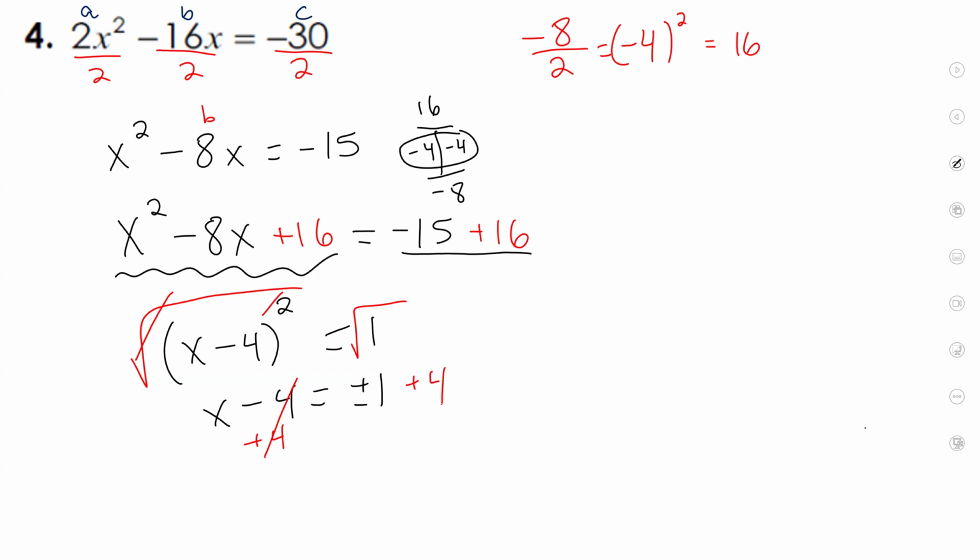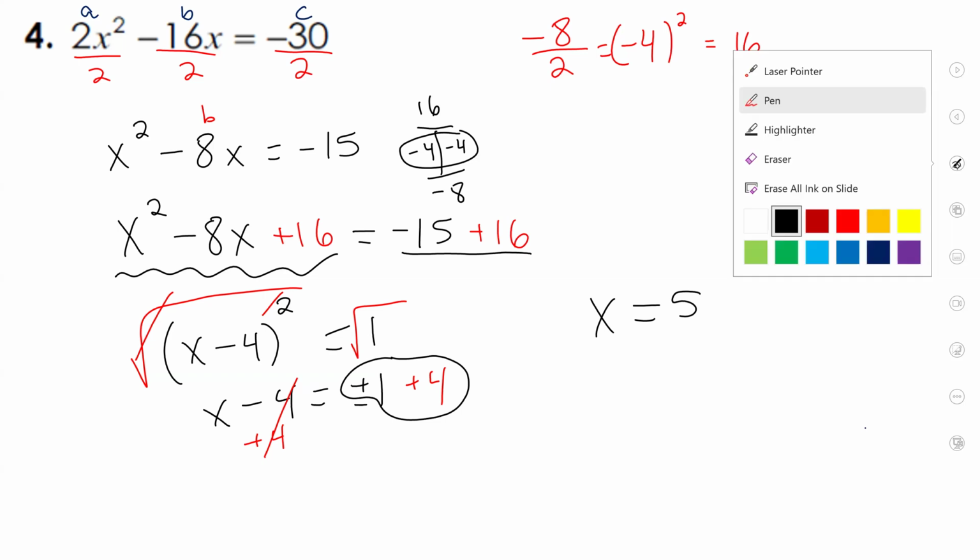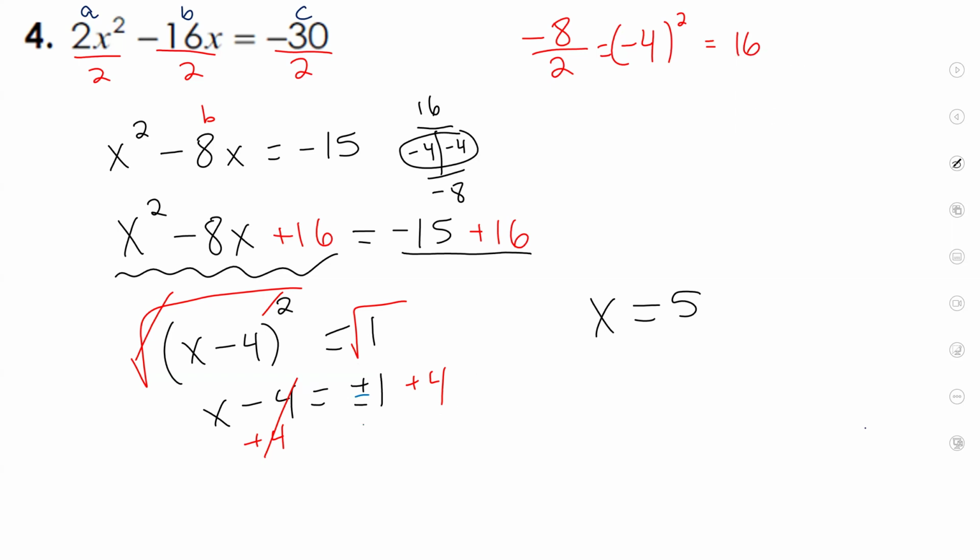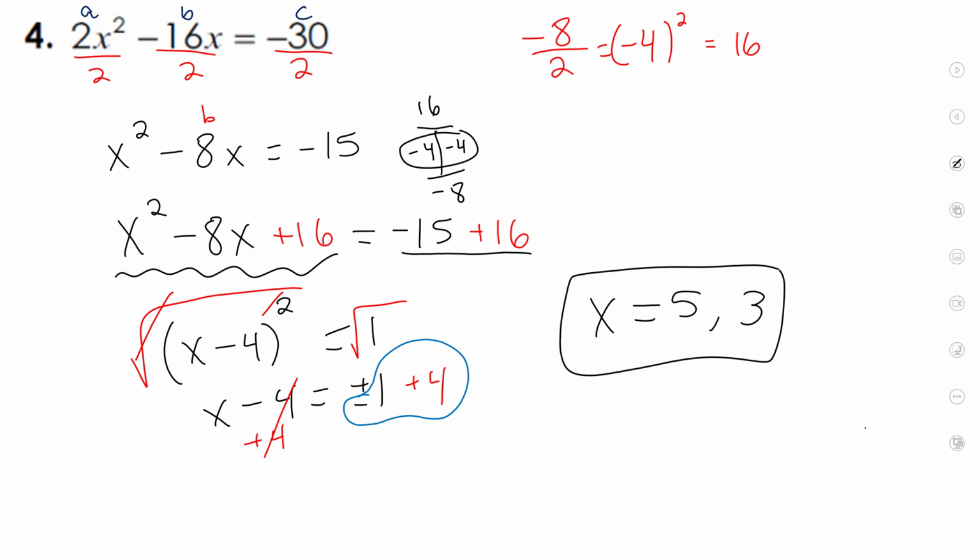So I'm going to get two answers, you guys. What is a positive 1 plus 4? 5, that's one of your answers. And your other answer, you want negative 1 plus 4. 3. So these are your answers, 5 and 3.